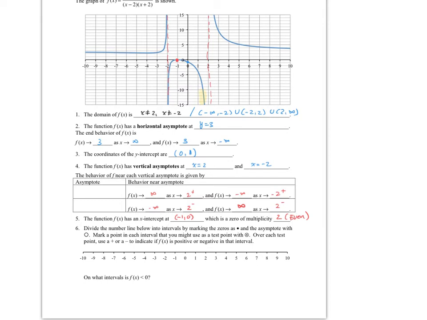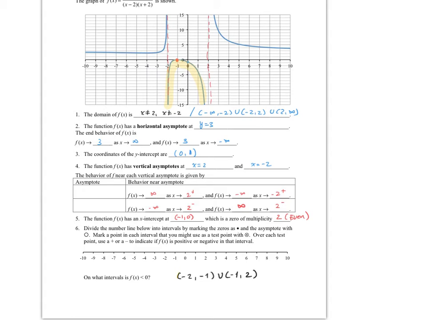Clearly all of this is negative, so it's going to go from minus 2 to 2, not including, actually it's minus 2 to minus 1, or minus 1 to 2, because at minus 1 it equals 0, and there is no equal sign there.